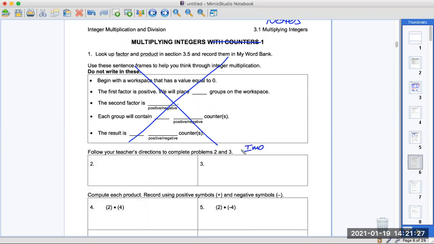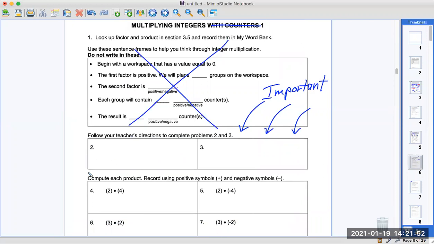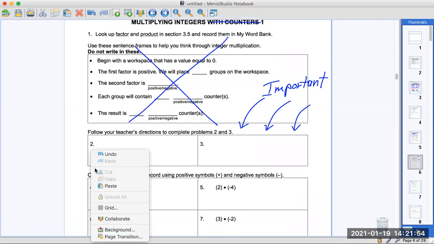So I'm going to put "important," and I want you to do the same and draw big arrows to it so you always find it, because this is really what you need to know for this first lesson. So make it big. Use a different marker, some color marker to draw your eyes to these two little slots, okay? So this is what I'm going to show you instead of counters.